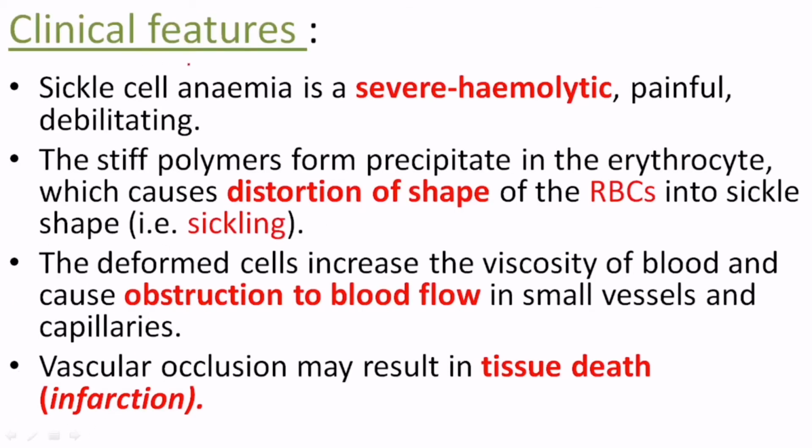Now I'm talking about the clinical features of sickle cell anemia. Sickle cell anemia is a severe hemolytic disease, with hemolysis or lysis of the erythrocytes, which is painful and debilitating. Also, as I've told you, there's formation of polymers. These stiff polymers cause distortion of the shape, so the RBCs resemble a sickle shape.